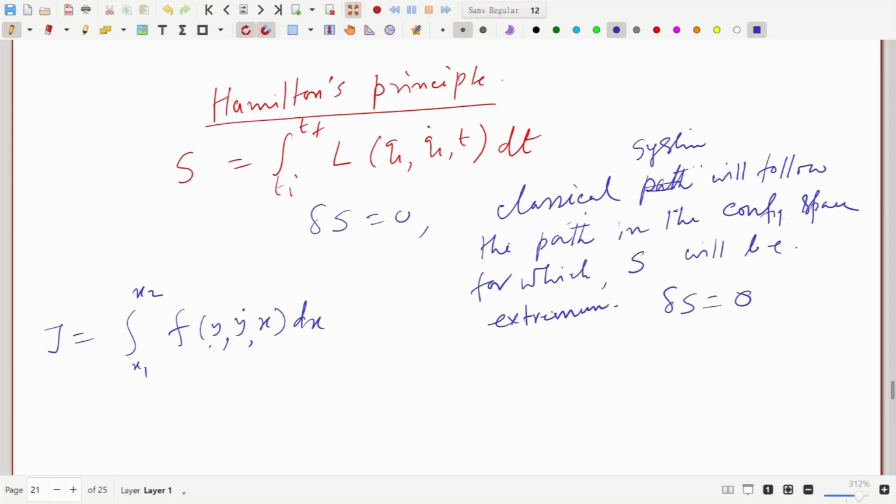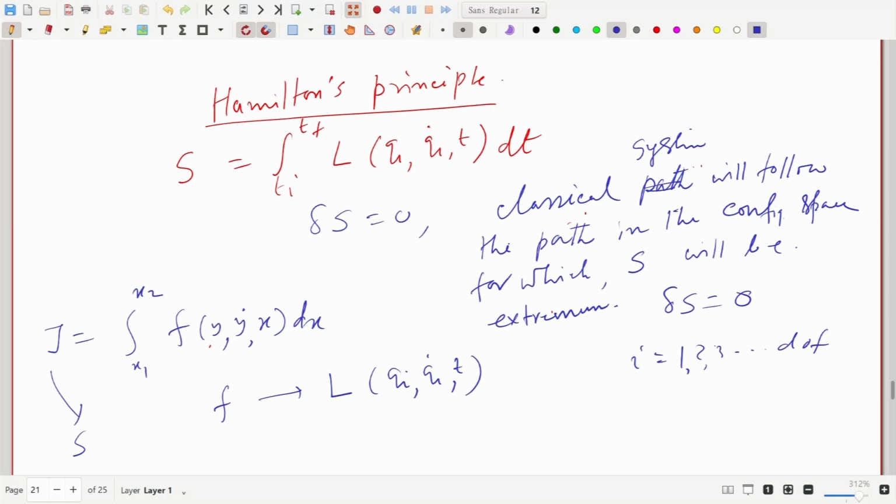If we consider the analogy, this is nothing but our action, and f is nothing but our Lagrangian, which is a function of qi, qi dot and t. Instead of one variable, we now have many variables depending on the degrees of freedom, so i varies from 1 to the degrees of freedom of the system.